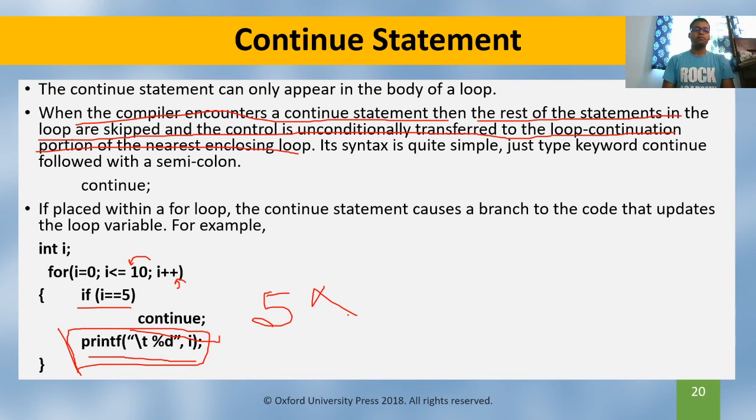In a while loop, if a continue statement is given and 4 or 5 lines are present after it, those lines will be skipped and control will go to the start of that while loop. Clear?